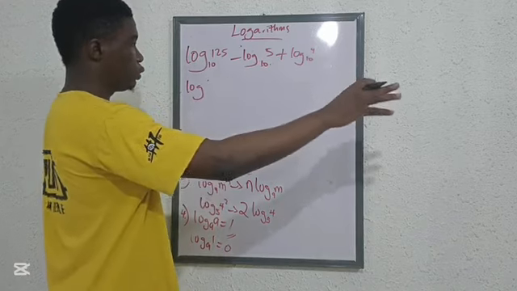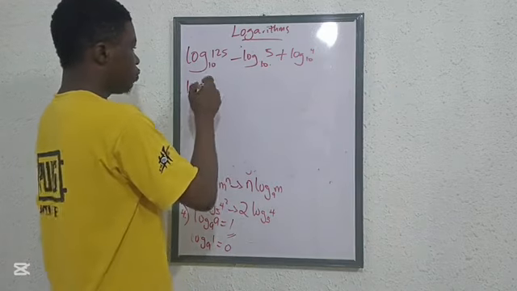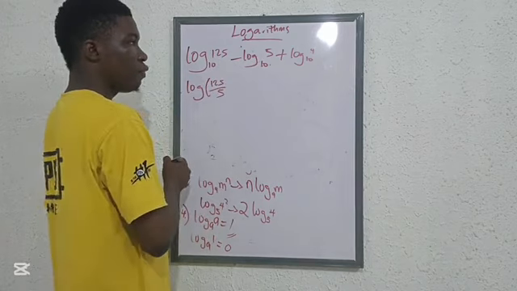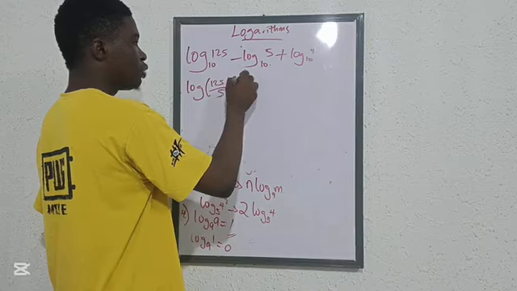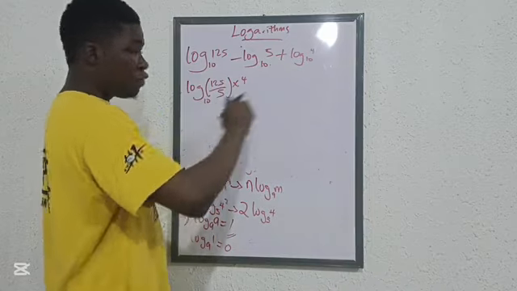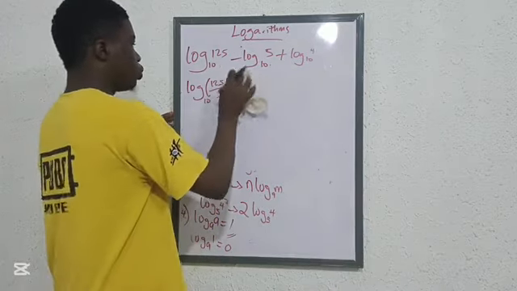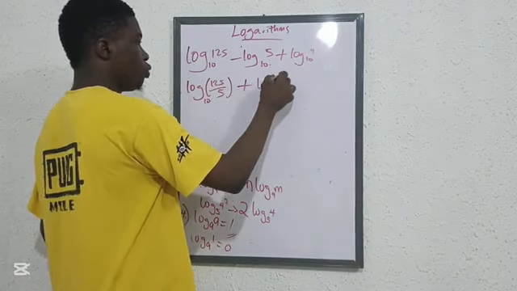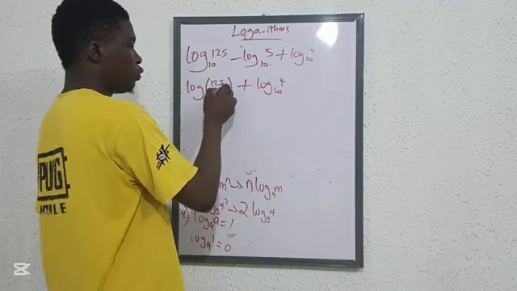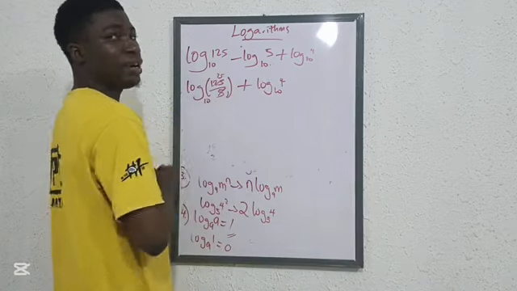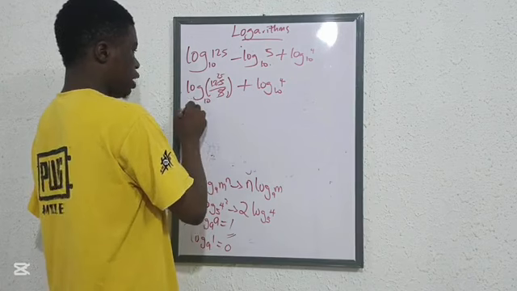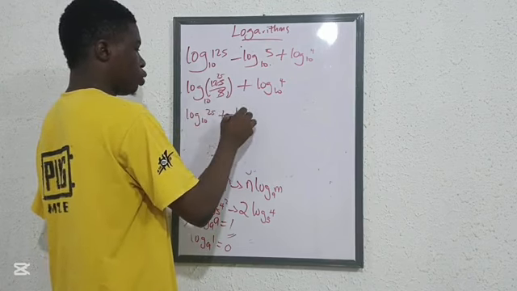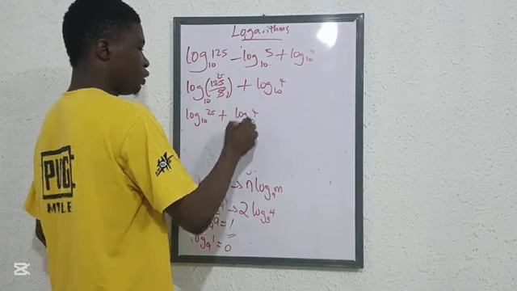We can do everything at once: log 125 divided by 5, times 4 base 10. But if you don't want to do it that way, you can do it one by one. So we have this plus log 4 base 10. 125 divided by 5 is 25, right? Now we have log 25 base 10 plus log 4 base 10.